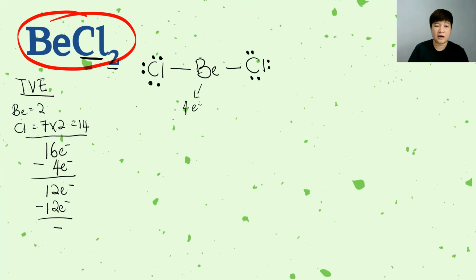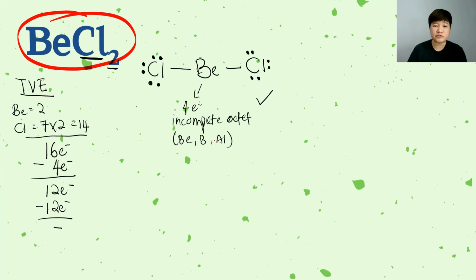Why can beryllium be an incomplete octet? Because in your syllabus, only three can be incomplete octet: beryllium, boron, or aluminium. Since beryllium can be incomplete octet and chlorine is now octet, therefore this is the correct Lewis structure.